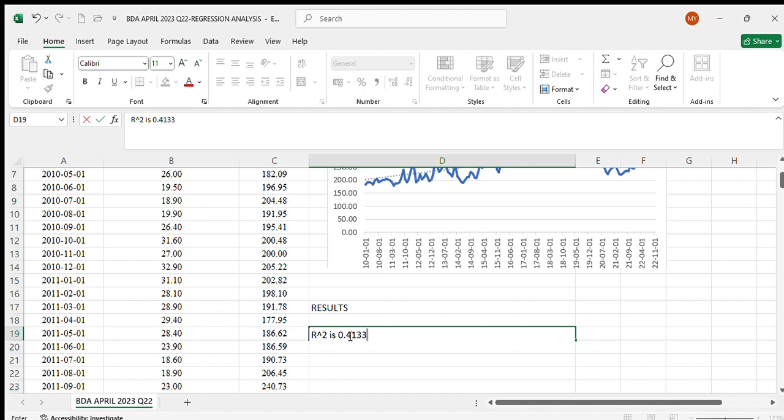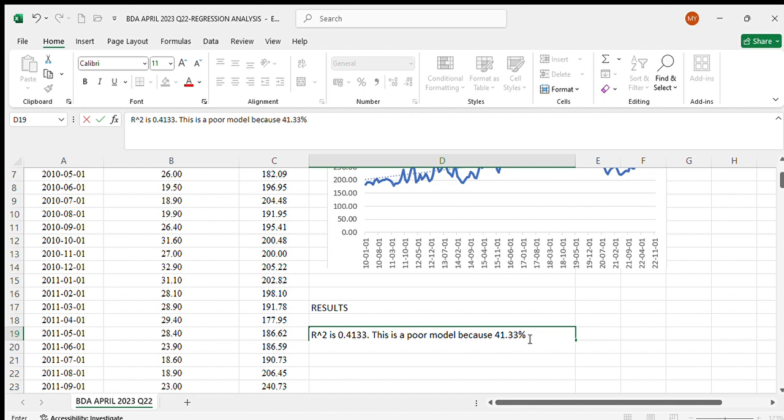Now the conclusion is this is a poor model. Because this one 0.4133, now in percentage form that will be 41.33%.